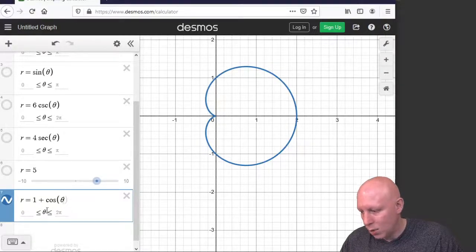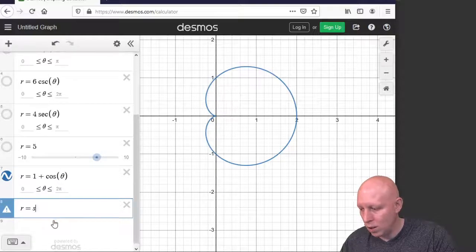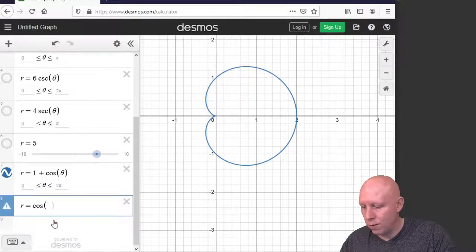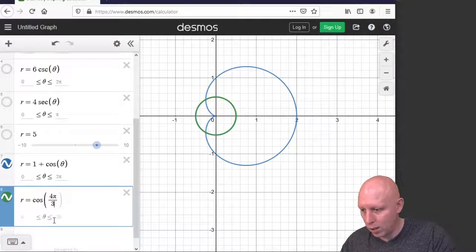And in this example, it gave us the domain from 0 to 2 pi. And that's what we needed to come all the way back to see this function come back to its center. Let's see what it does when I ask for r is equal to cosine of 4 pi over 3.